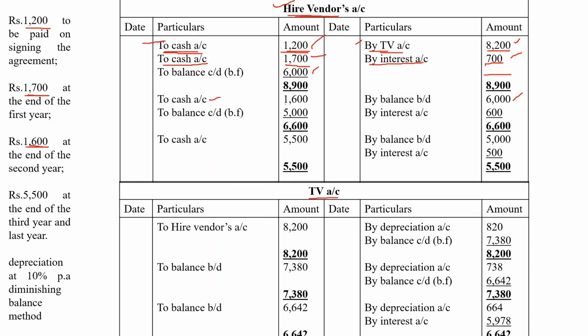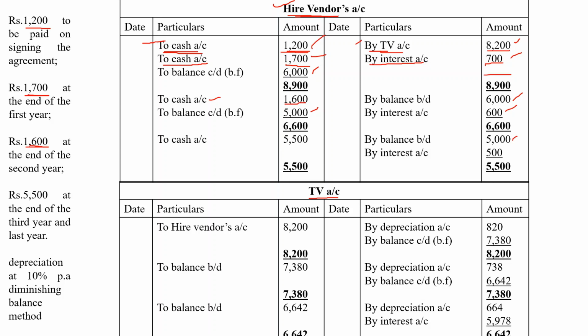See, the second installment amount is 1600. Then by interest account, I have to record the interest for the second installment. We have calculated in the previous calculation that the interest for the second installment is 600. Tally the account, calculate the balancing figure, bring down the balancing figure to the next year.